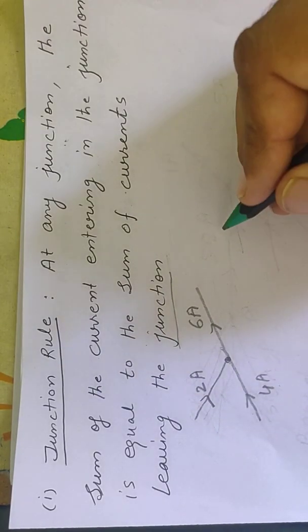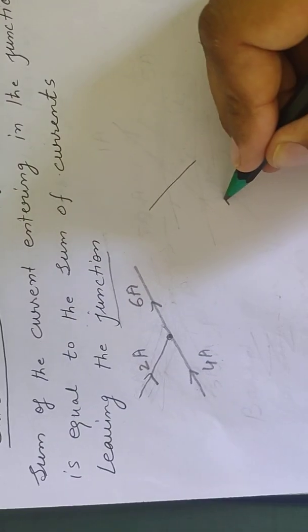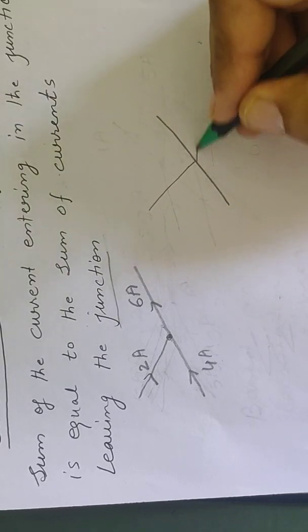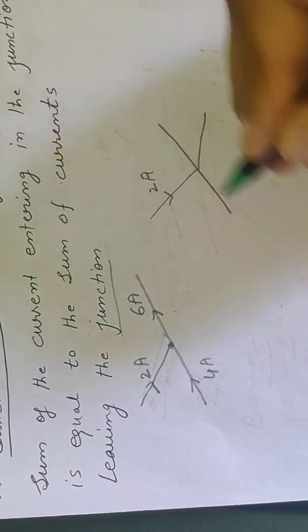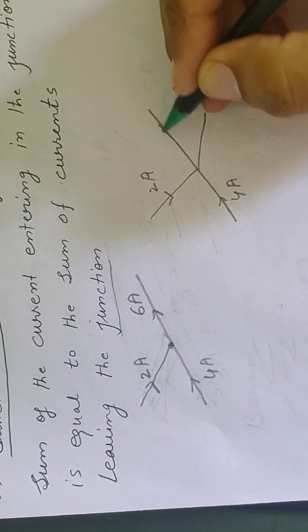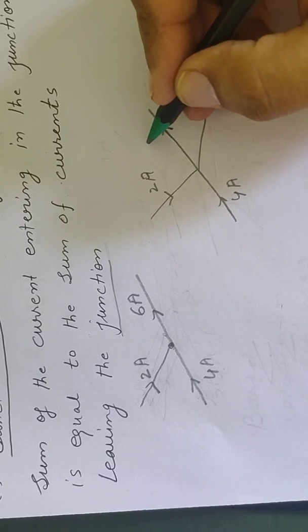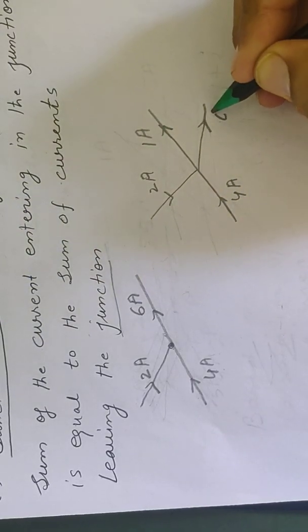Now let us consider another example. Say here 2 ampere current is coming in and here 4 ampere current is coming in. Here 1 ampere current is going out. Now the question is, what is the amount coming out from this side?